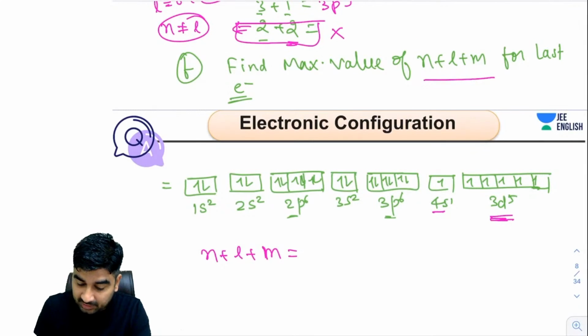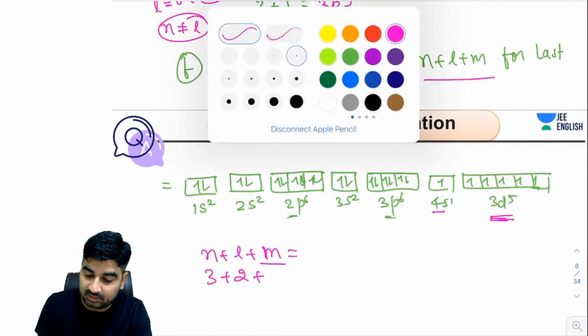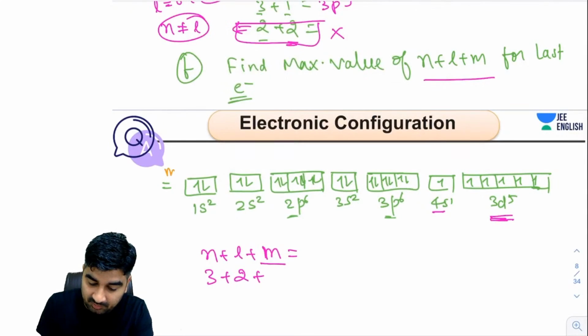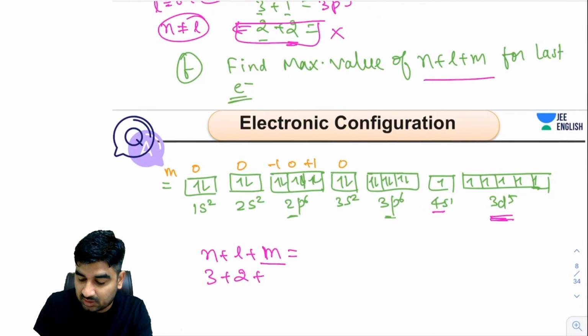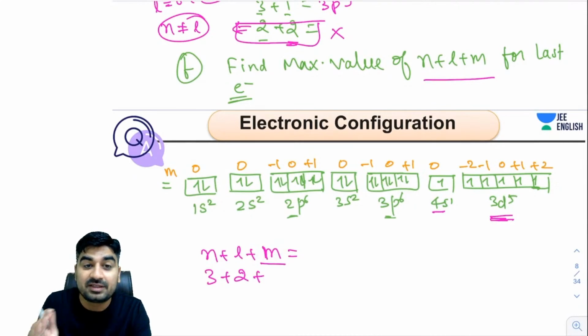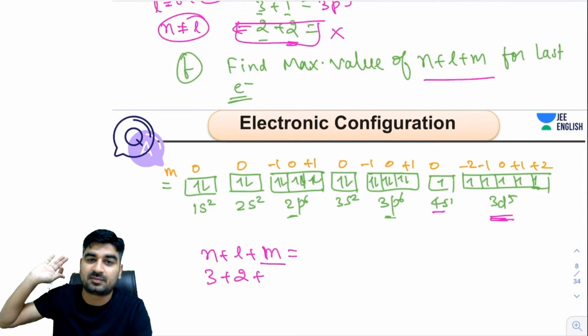So for 3d, n is 3, l is 2, and m. If I write m here, the values of m will be 0, then minus 1, 0, plus 1, and minus 2, minus 1, 0, plus 1, plus 2. These are all values of m.